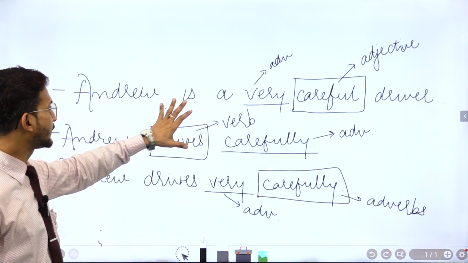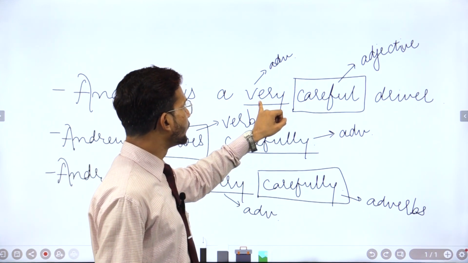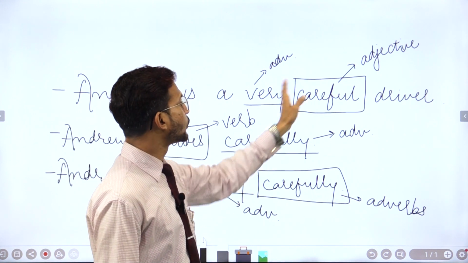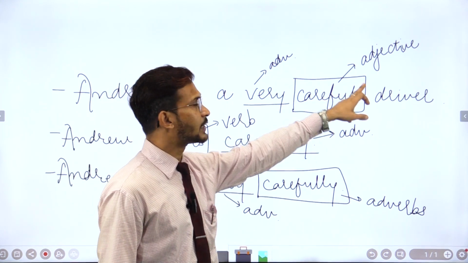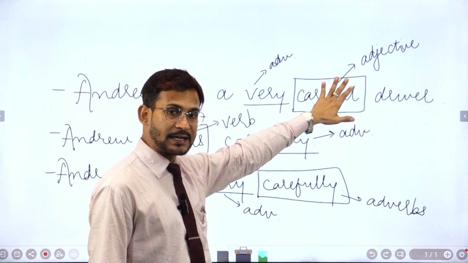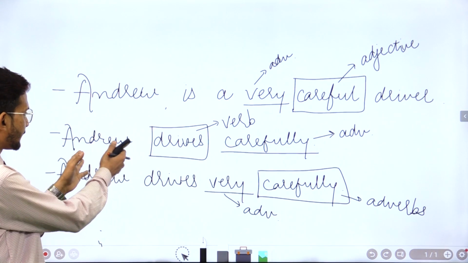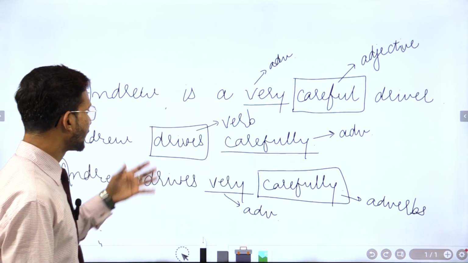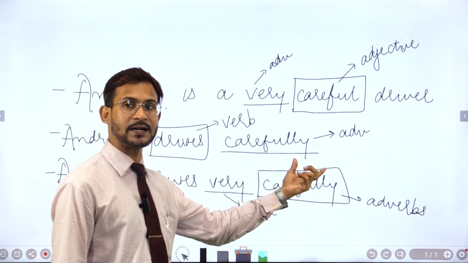In the first sentence, this word very is defining the word careful. It is actually modifying this word careful. That means here the adverb is modifying an adjective. Now in the second sentence, it says Andrew drives carefully. This is a verb and this is an adverb.